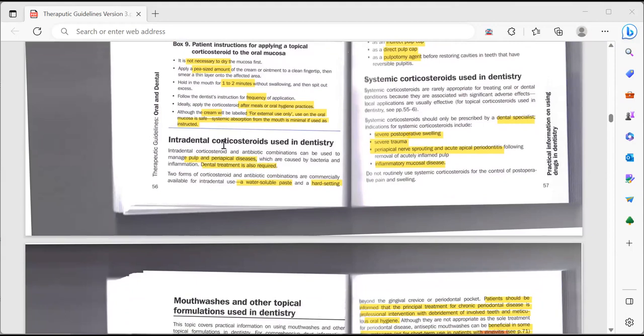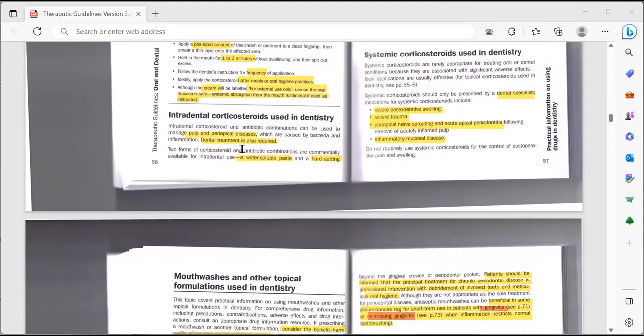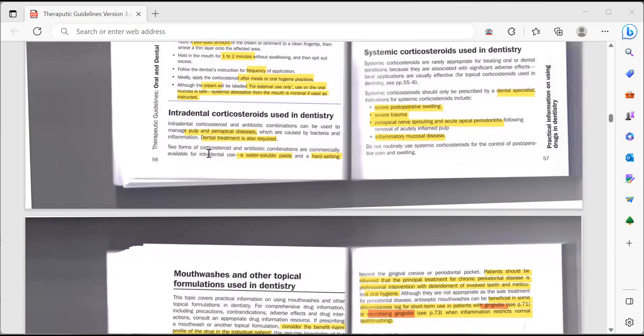We all know this is the ledermix, right? Ledermix contains a corticosteroid and antibiotic combination, which is used for pulp and periapical diseases caused by bacteria and inflammation. Dental treatment is also required. Only putting these intradental corticosteroids is not really helpful.